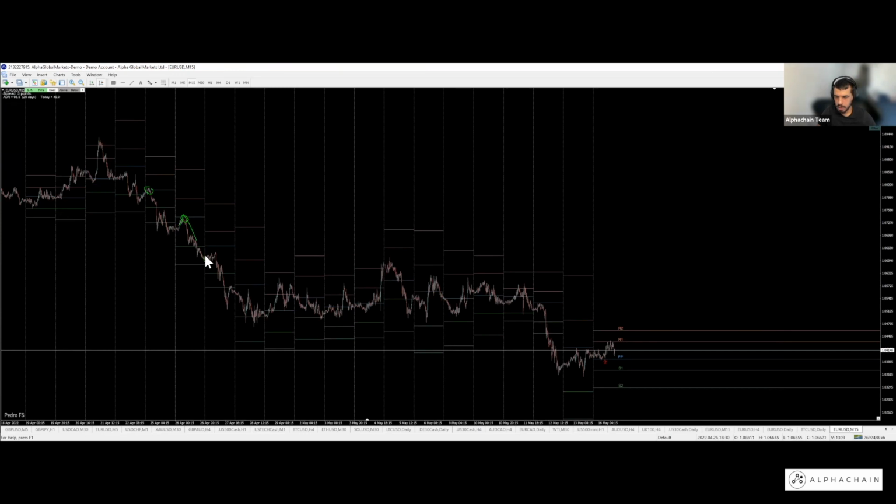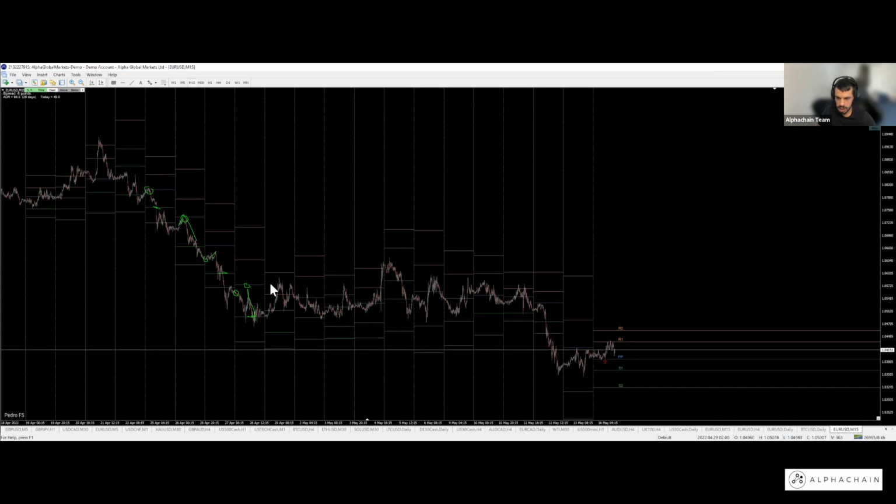Price again opens below the pivot point, this time it didn't really manage to get there. Again, price opens a little bit below the pivot point, almost gets there, another sell. Even if you just consider S1 as target, S1 as target, and so on and so forth.